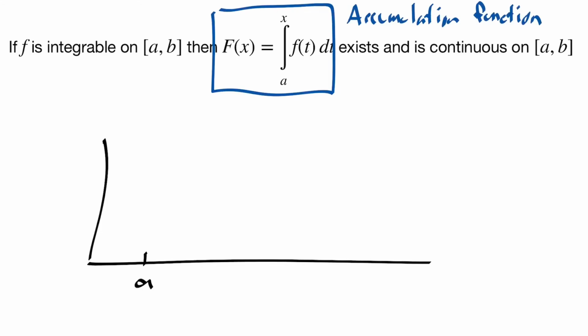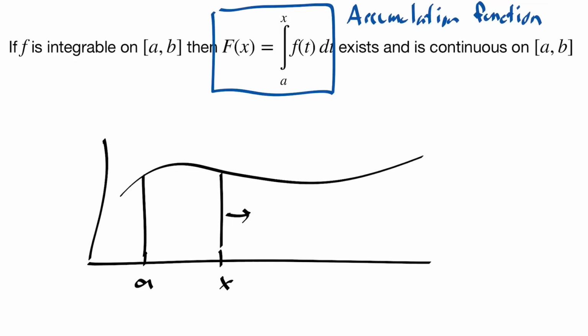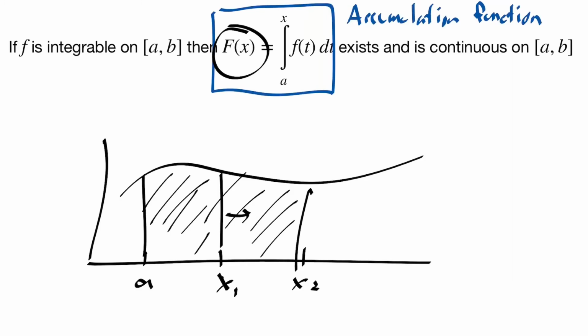And what are we really talking about? Well, back in a calculus way of thinking about it, we have some starting point a, and then some other point x, and we have our function, and we're taking the area from a to x, and what we're doing is we're letting x increase. So as x increases, the area is increasing, and capital F is how much area there is for each x.